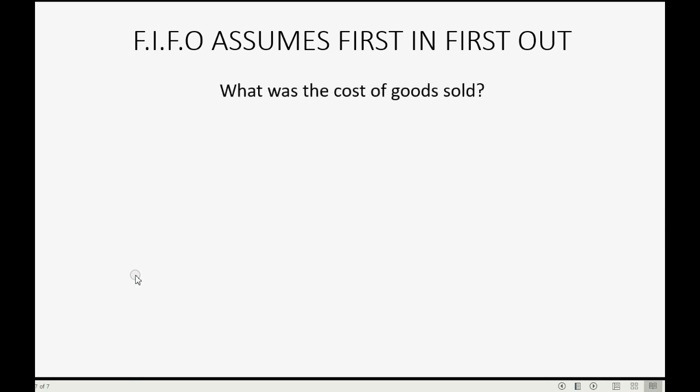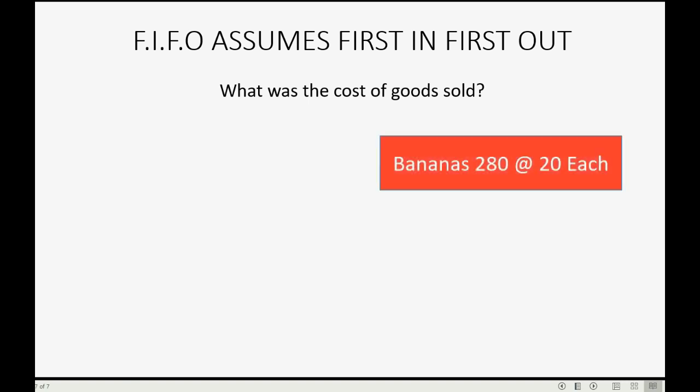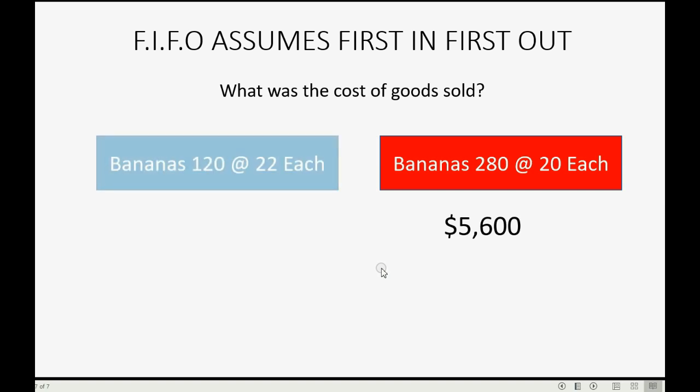But before we look at anything else, let's ask this question. What was the cost of goods sold for that sale? Well, all of the 280 bananas that were $20 each were given as part of that sale. So $5,600 was that part of cost of goods sold. And we needed to take 120 of the $22 bananas to make a total of 400 for the sale.